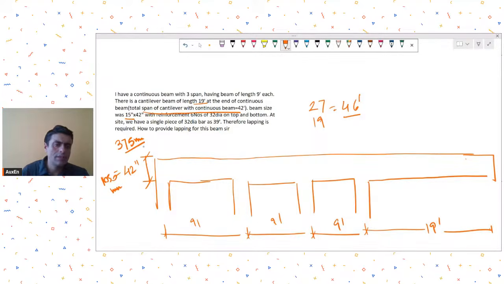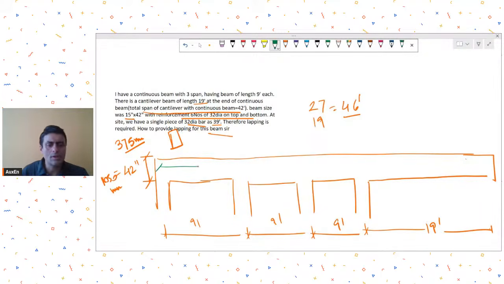So his beam cross section is 375 by 1050. Now he's saying with reinforcement 6 numbers of 32 dia on top and bottom. We have a single piece of 32 dia bar as 39 feet length. Therefore, lapping is required. How to provide lapping for this beam?